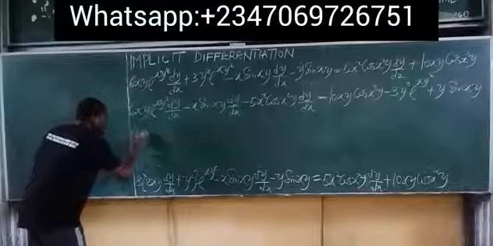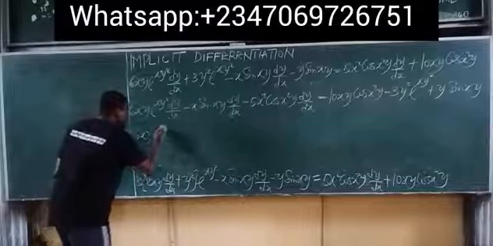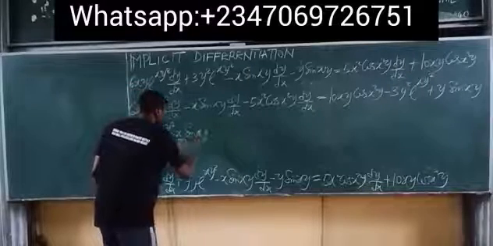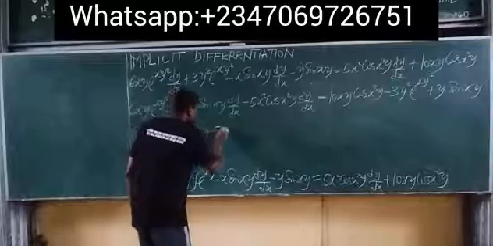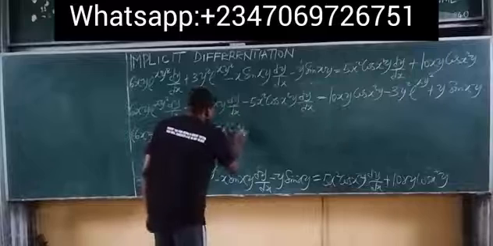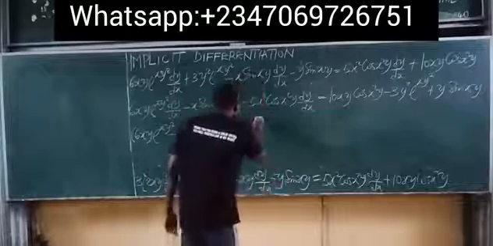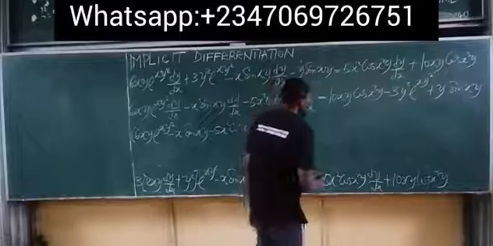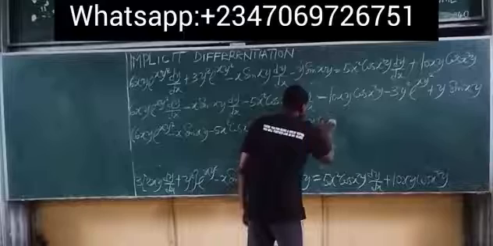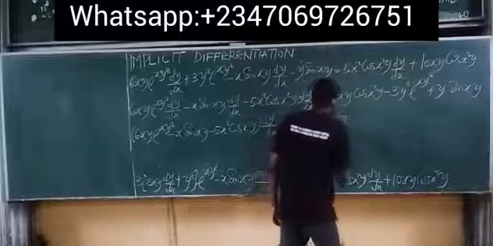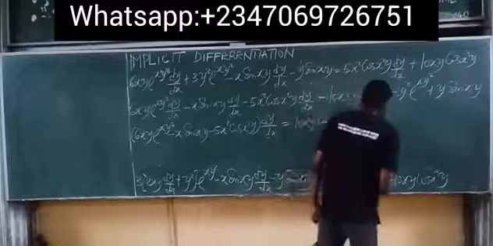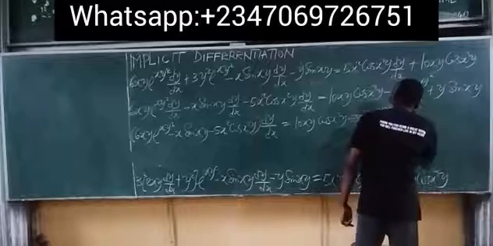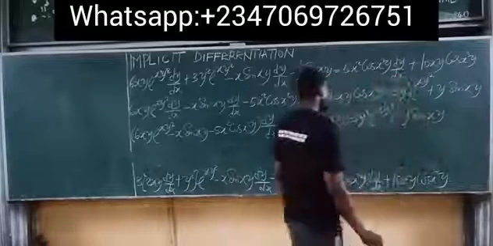I will have 6xy exponential xy squared minus x sine xy minus 5x squared cos x squared y, all multiplied by the dy all over dx, and the whole of this is equal to, I have here 10xy cos x squared y minus 3y squared exponential xy squared plus y sine xy. So I'll simply have this.